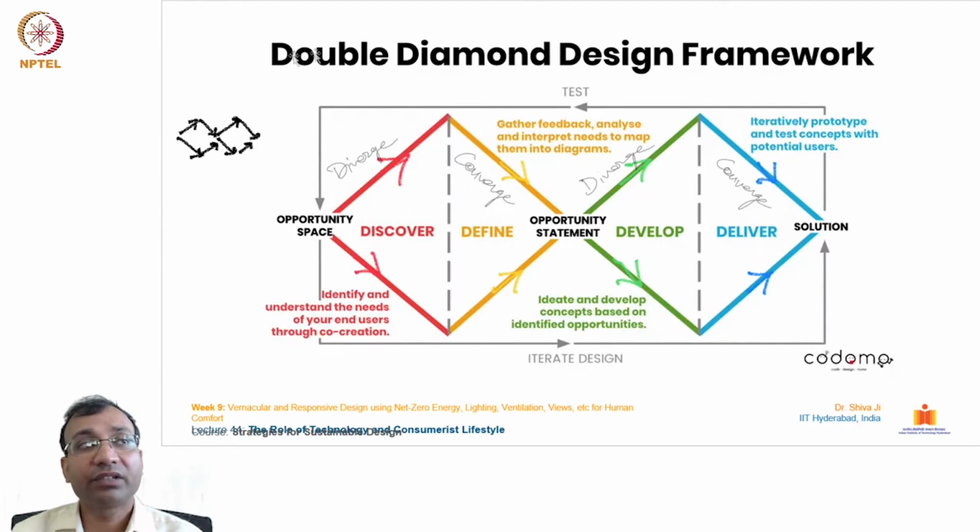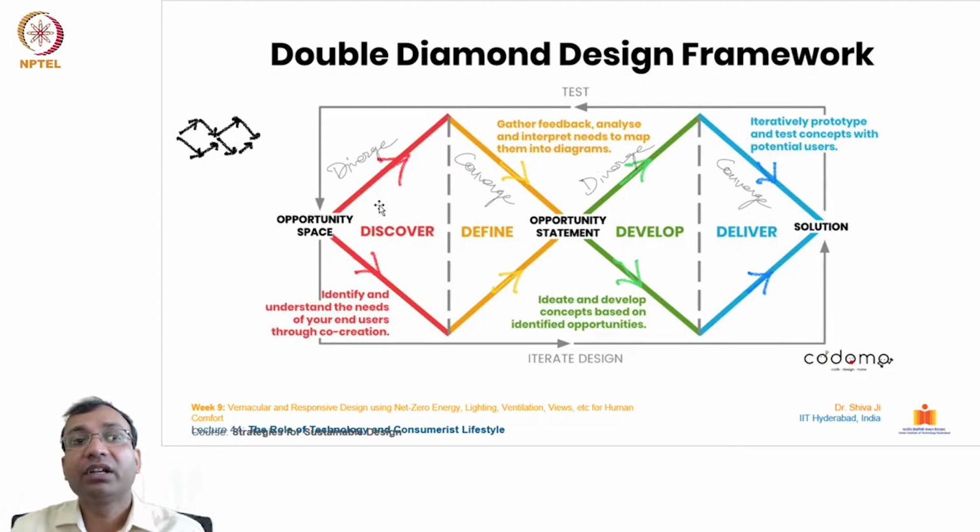Well, there is another design framework, the double diamond, which is one of the most used design processes, design methods. Here you first identify the opportunity area or the problem statement, and then you start discovering about it.